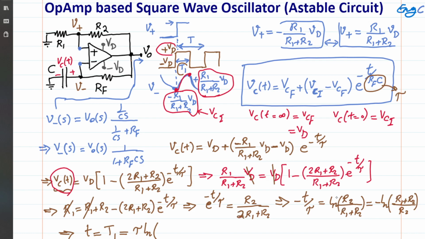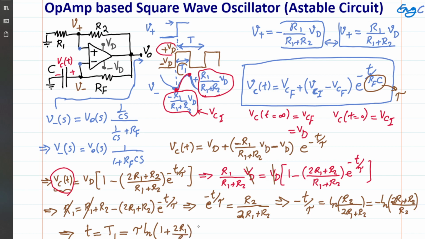Let me make a course correction here. I'm glad that I caught it. So it's going to be 2R1 plus R2, and then 2R1. Let me just make sure that it's highlighted clearly here. So what we get to is 1 plus, because R2 over R2 is 1, and then 2R1 over R2.